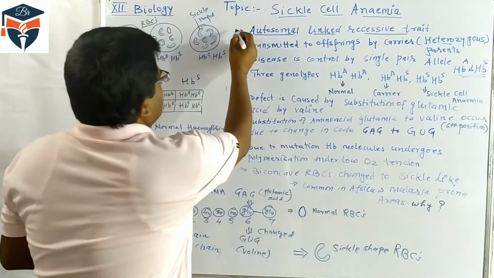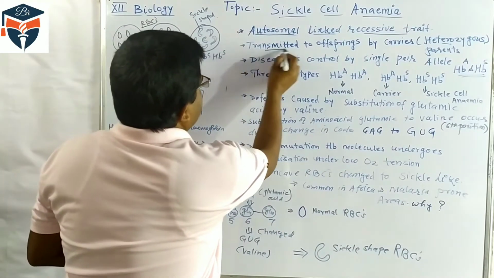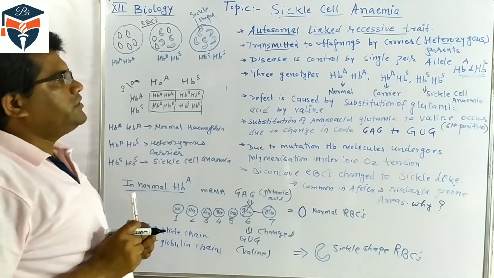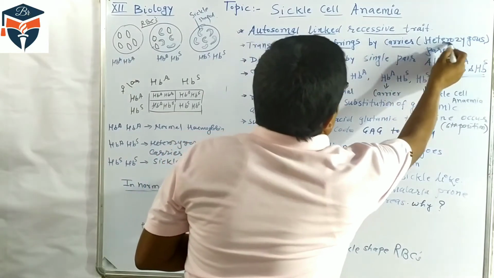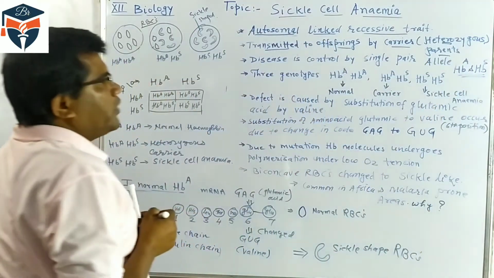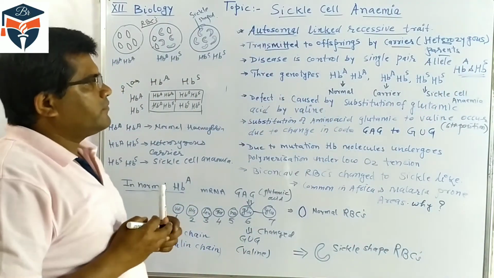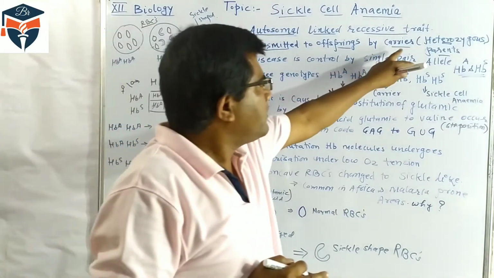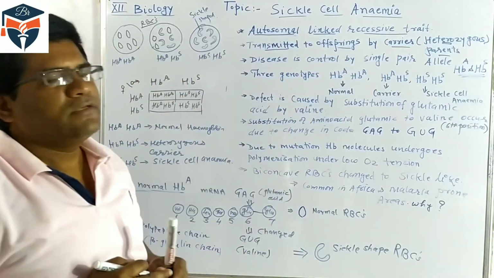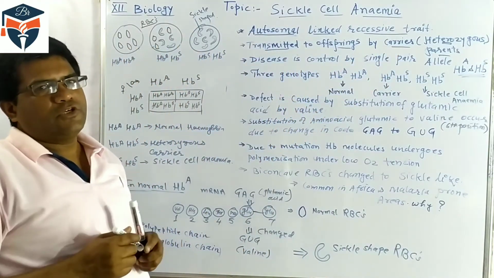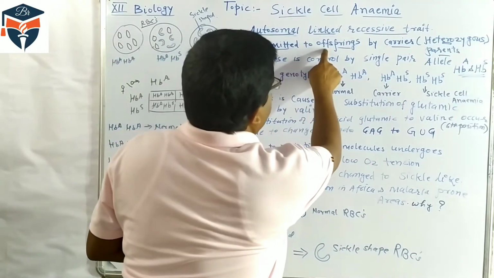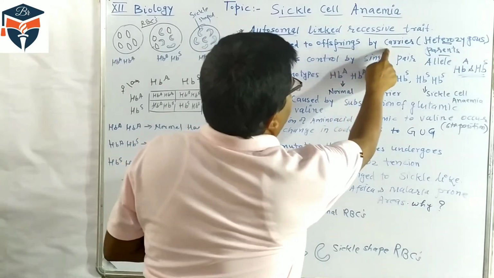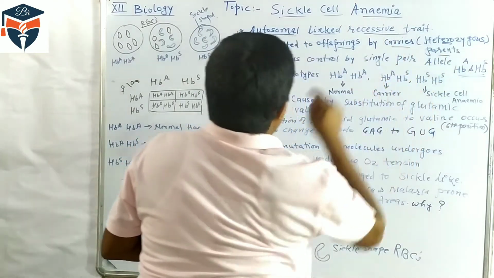Second, sickle cell anemia is transmitted. How is the disease transmitted? To offspring by a carrier parent. So a heterozygous parent, a carrier parent, transmits the disease from one generation to the next.